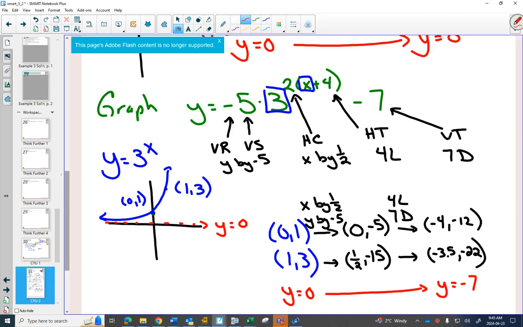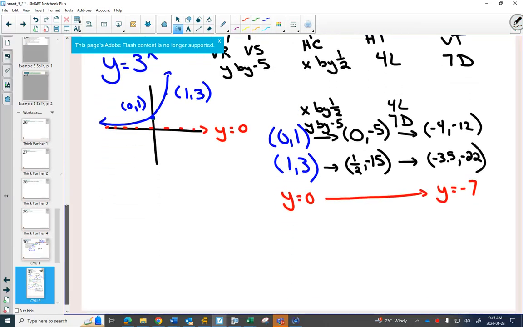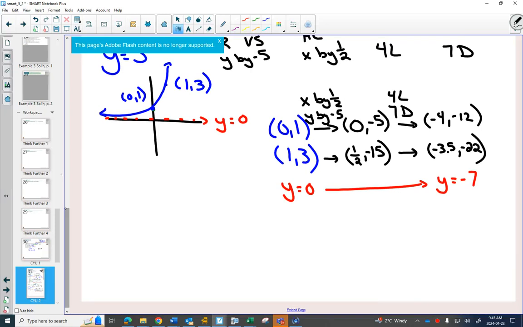The only thing that's going to affect it is if you move up or down. We are moving 7 down, so it's going to go to y equals negative 7. So with those 2 points and your asymptote, you can draw a very accurate graph.